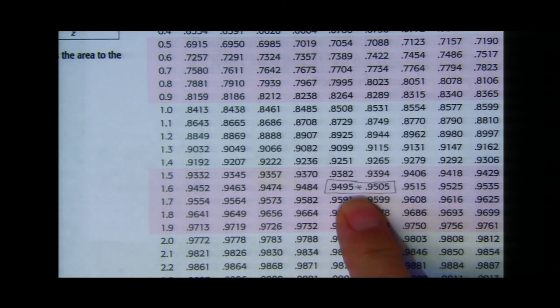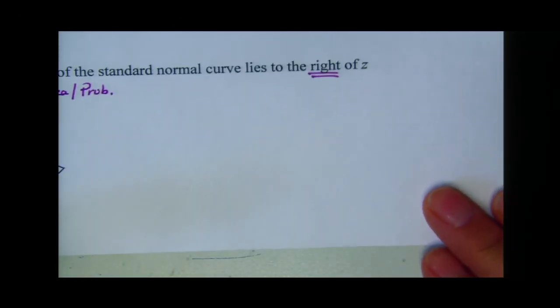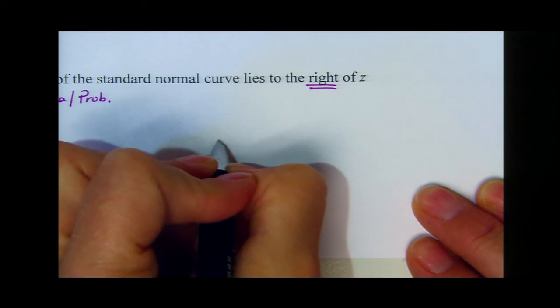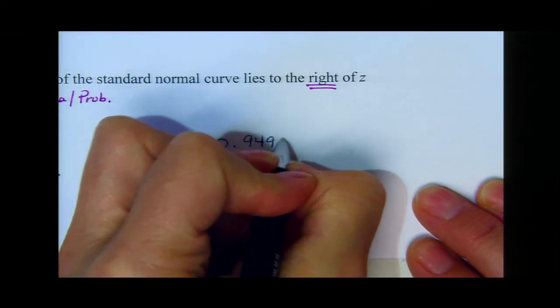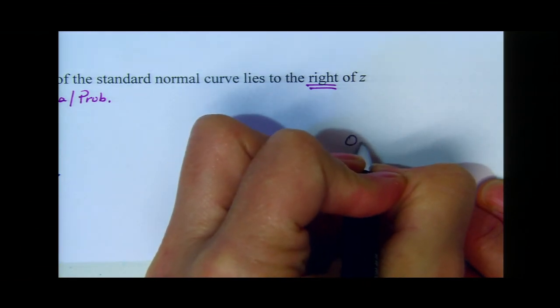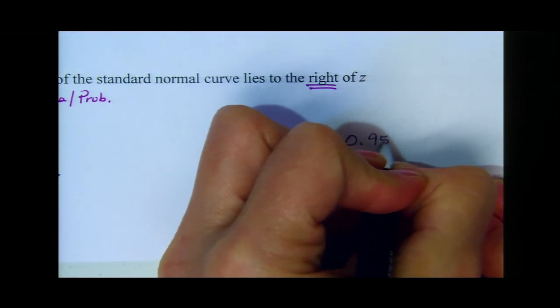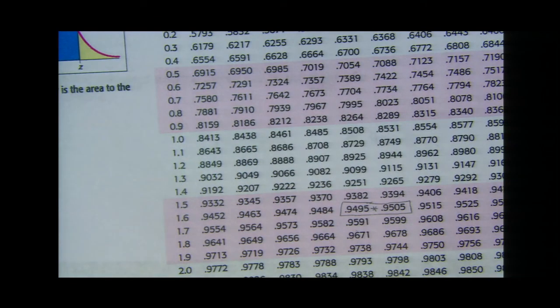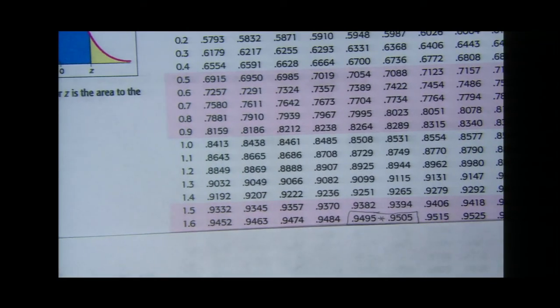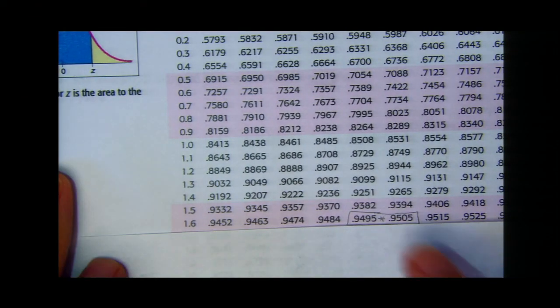So I'm going to write these two numbers. I'm going to do it over here like we did before. So we found 0.9495 and we found 0.9505. And I want to find the z-values that are associated with them. So we're at 1.6.